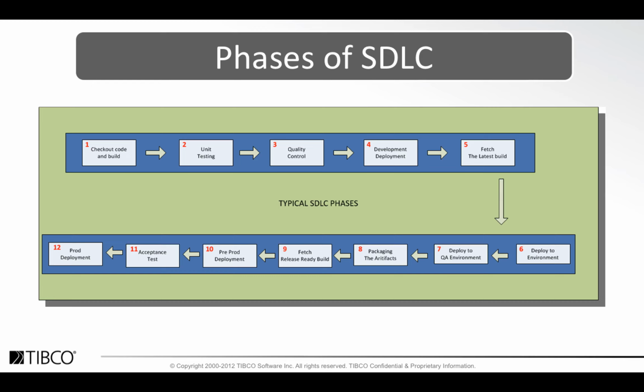So as you can see in the slide, these are all the unique phases which I have abstracted, typically used in a software development lifecycle. First, the developer checks in the code, and then we need to build the code, or EAR, along with the dependencies.